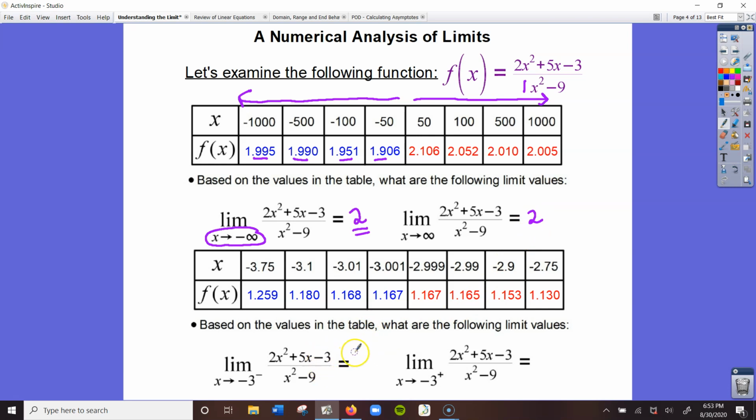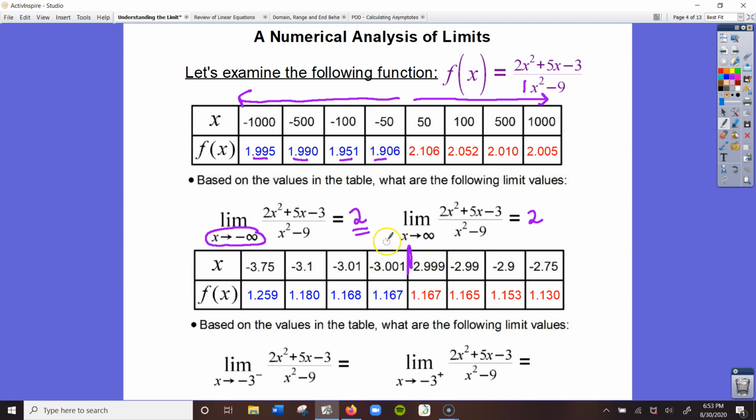For these next two limits, you'll notice that we are approaching the number -3 from the left and from the right. -3 is somewhere right here in the middle because we have -3.001 and -2.999.